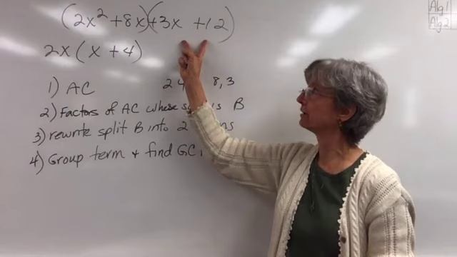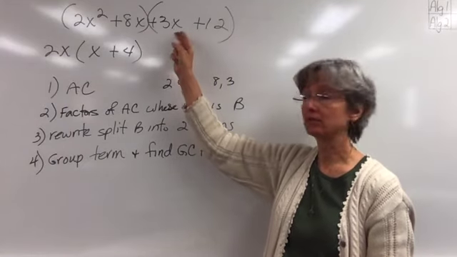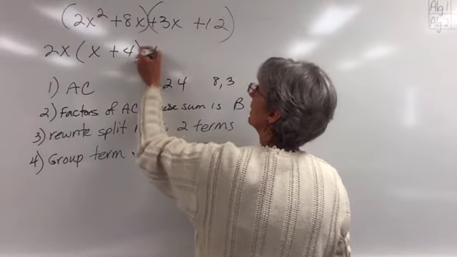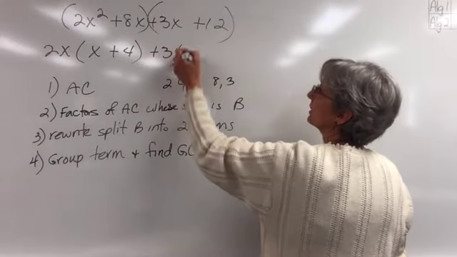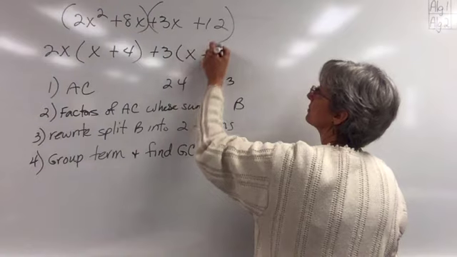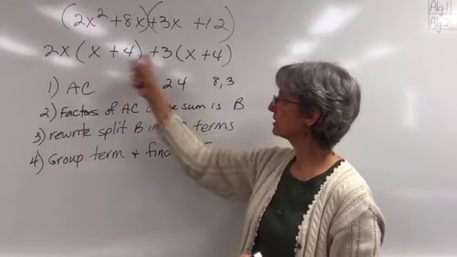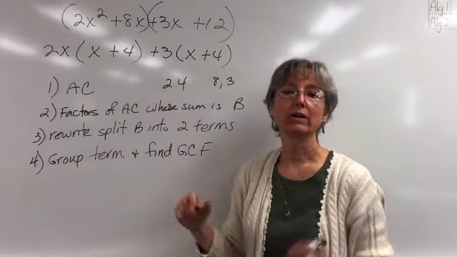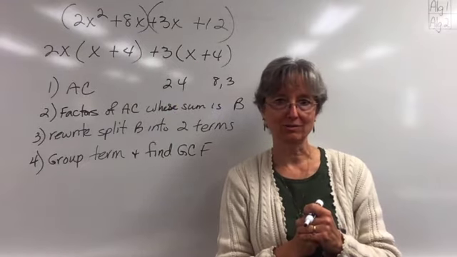Now we look at this. What's the greatest common factor between 3x and 12? It's a positive 3, so we'll pull out the positive 3. Here we're left with the x, and here it's plus 4. Notice these 2 are the same. x plus 4 is one of my factors.